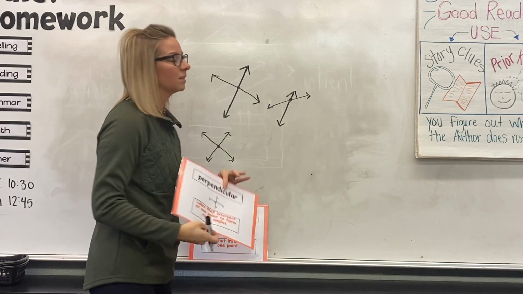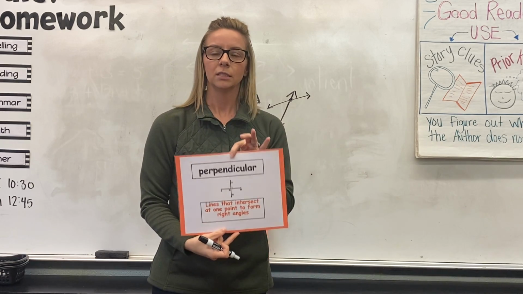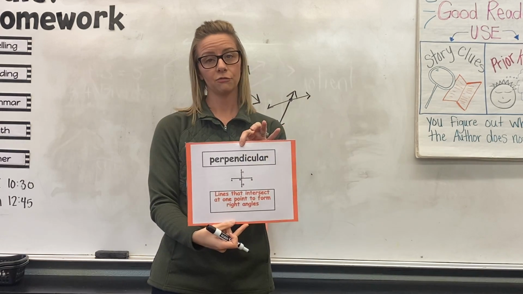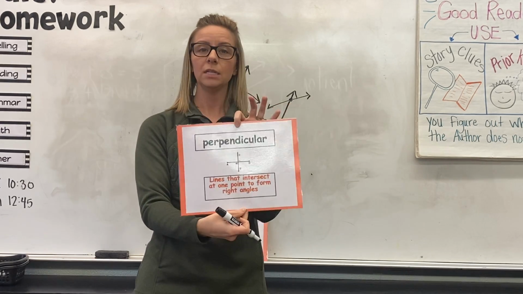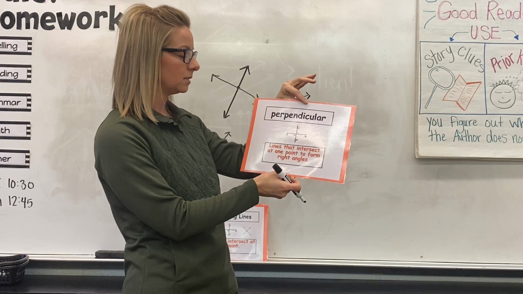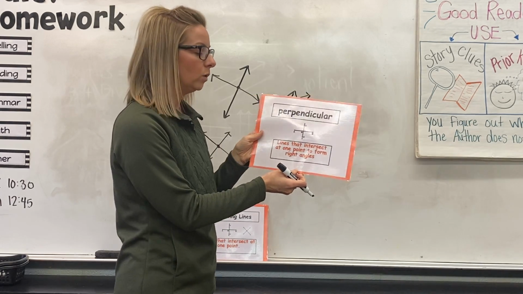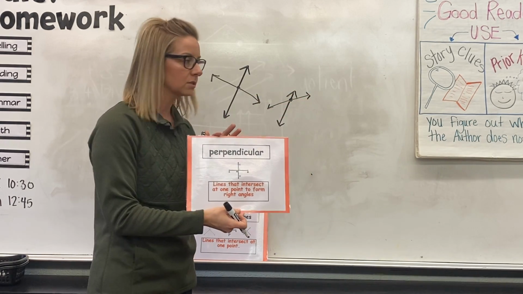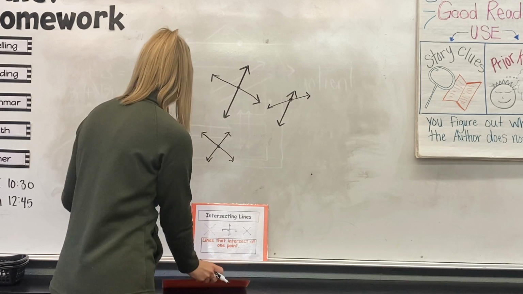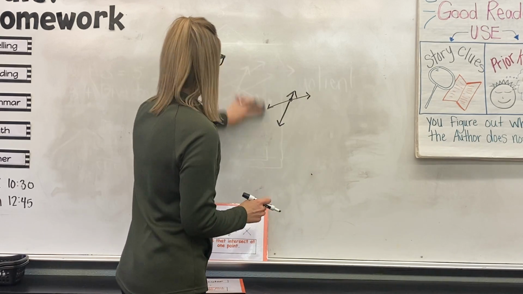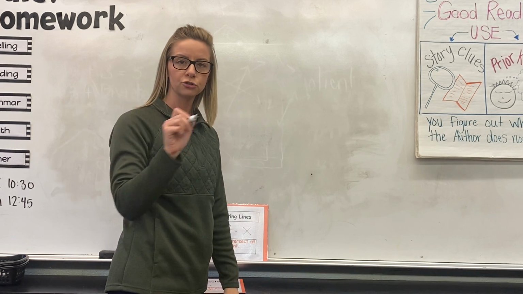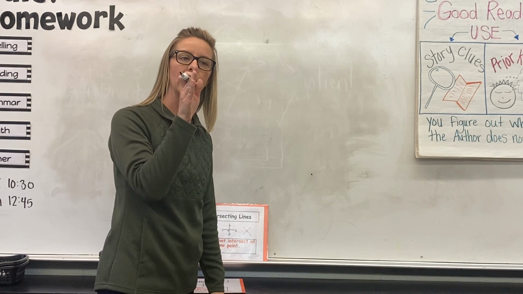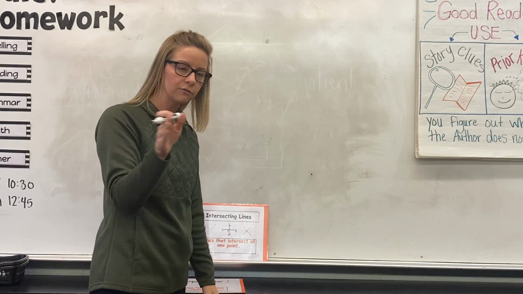And the last word that is actually not part of lesson 1, but you will need it for the next one, and I just wanted to introduce it to you here, is perpendicular lines. And perpendicular lines are lines that intersect at one point to form right angles. Now, what is a right angle? A right angle, which you'll learn about angles later, measures 90 degrees, or it just looks like the square of a corner.